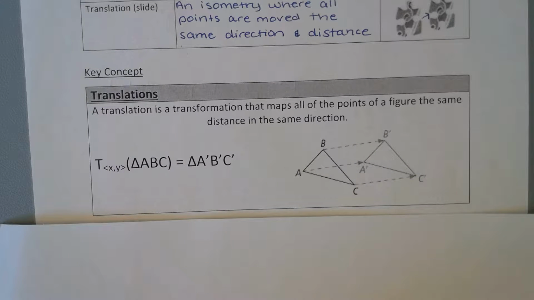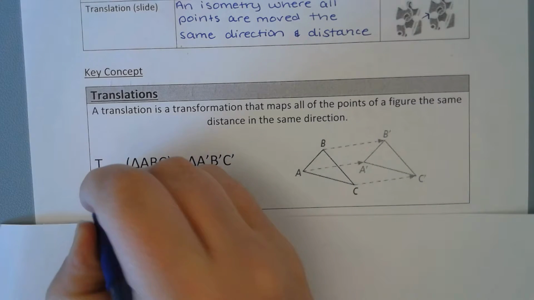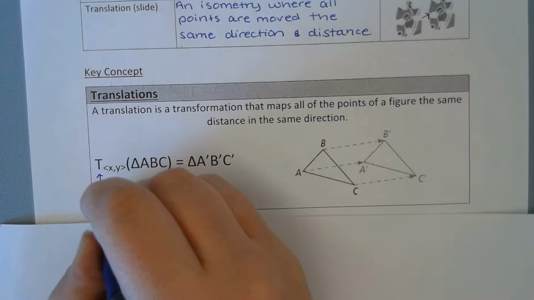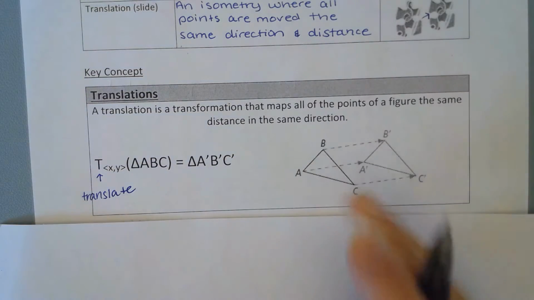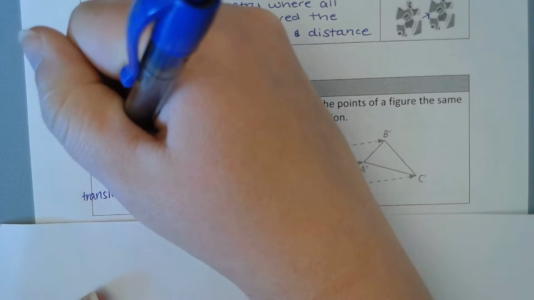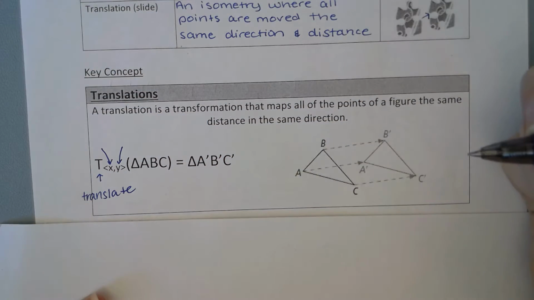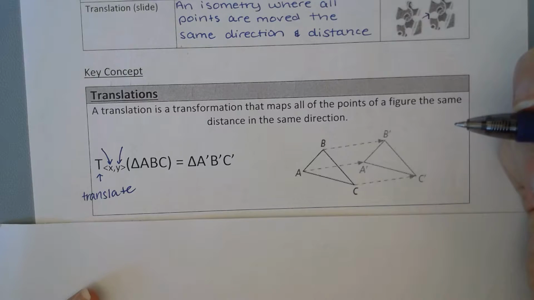For rotation and reflection, you'll have R. For dilation, you'll have D. Okay, so that first part, T, means that you're going to be doing some translating there. Okay, then you have the X and the Y. Now this is really important, and this is probably the most important thing of that rule.